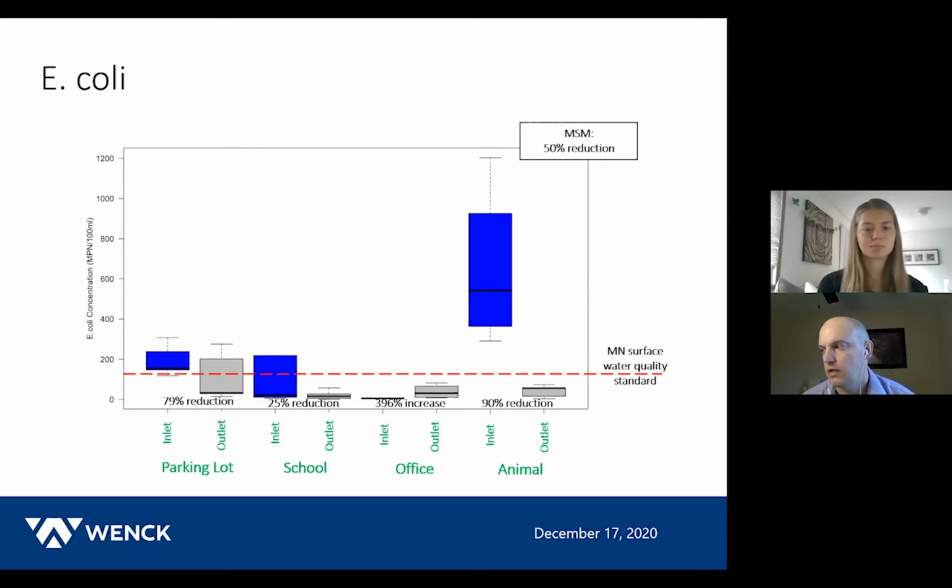You can see that we happen to, I think, probably accurately capture or prove that that is indeed an animal barn, given the inlet concentrations that we recorded over there. I think generally all of these sites, except for the parking lot site, were well below that standard, and there was not necessarily the sourcing or the leaching or growth of E. coli within the underground system.